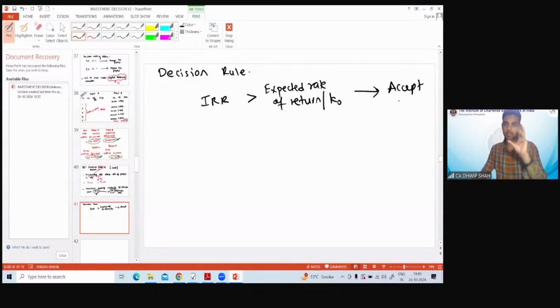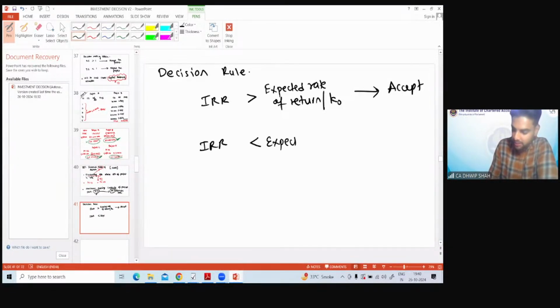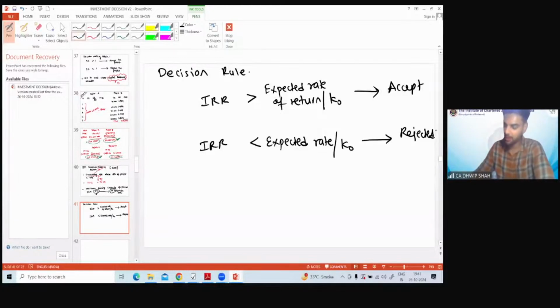You need to interpret like this. Likewise, if IRR is less than your expected rate of return, is less than your desired rate of return, or it is less than your industry rate, or it is less than your KO, then it is to be rejected. Understood? IRR is the maximum earning capacity.